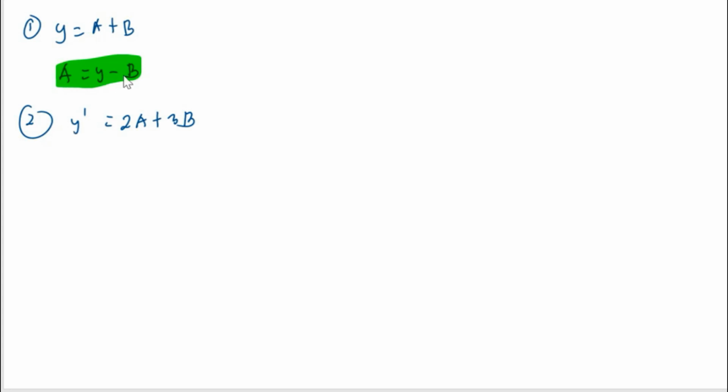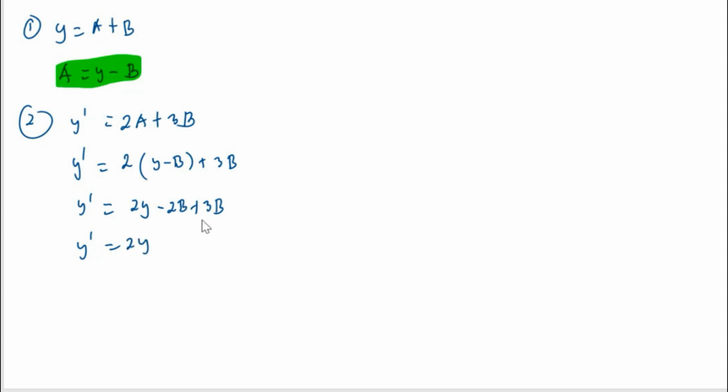So, replace a by y minus b. We have y prime is equal to 2 times y minus b, plus 3b. By simplifying, we have y prime is equal to 2y minus 2b plus 3b. Simplifying further, negative 2b plus 3b is equal to b.